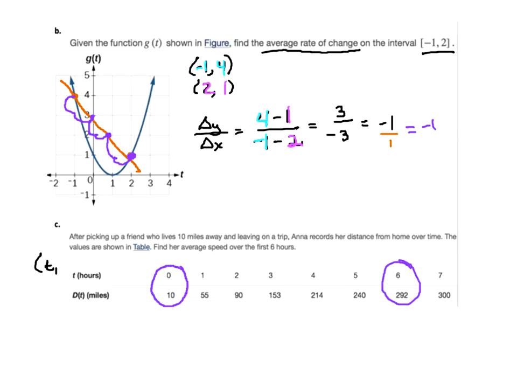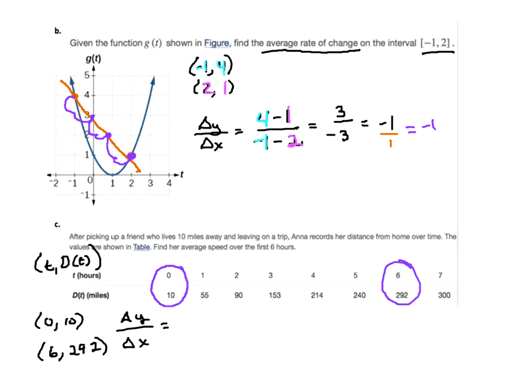Every point is of the form t for time, and d of t, the function, is the distance traveled. So that's why I said d of t. So I have the points 0, 10, and I have the point 6, 292. Change in y's over change in x's.